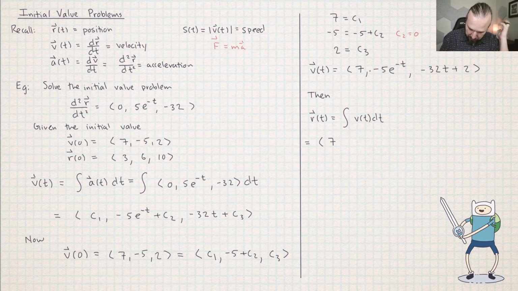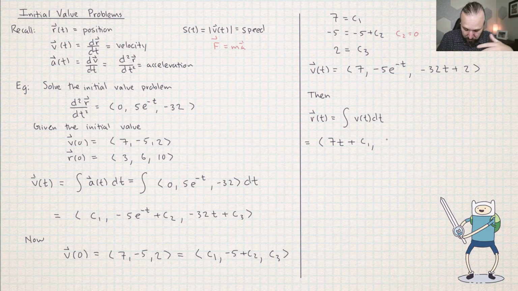So I'm getting the antiderivative of 7 will be 7t plus. Now I need some more arbitrary constants, and I'm just going to be a bit lazy here and use c1, c2, and c3 again. Please understand that these are not the same c1, c2, and c3 as when I was calculating the velocity, but they're just generic constants and they're about to go away.